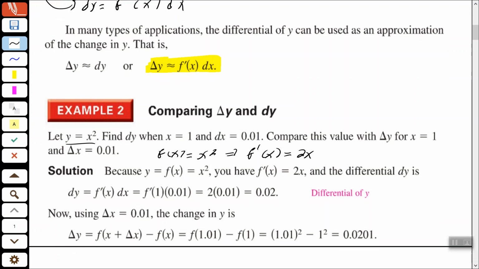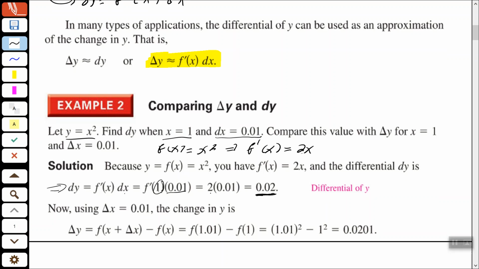So that's what we have here, the differential of y, f prime of x times dx. We said let x equal 1, and they gave us dx equals 0.01. So if we plug the 1 in for the first derivative, 2 times 1 is 2, and 2 times 0.01 is 0.02. Now we want to compare that to the change in y.